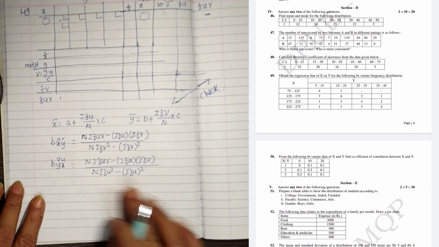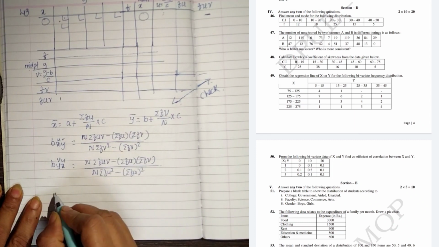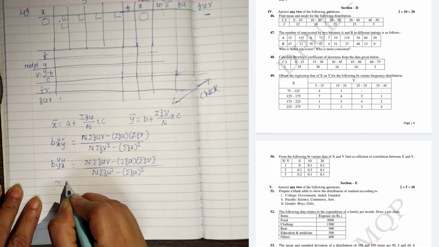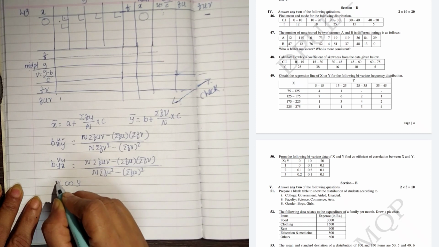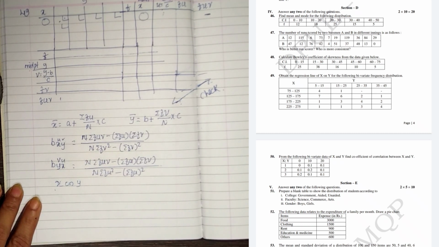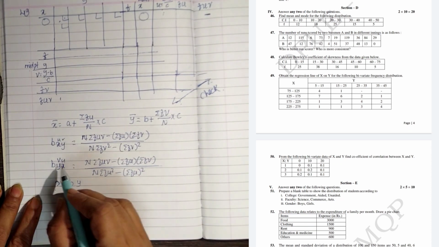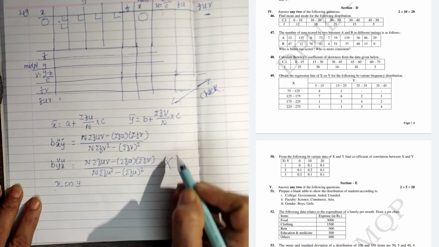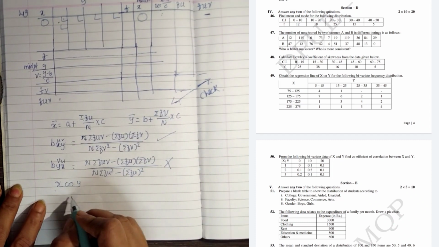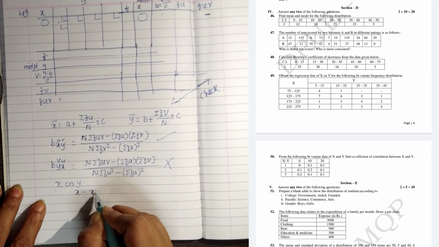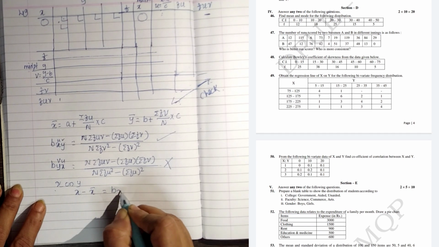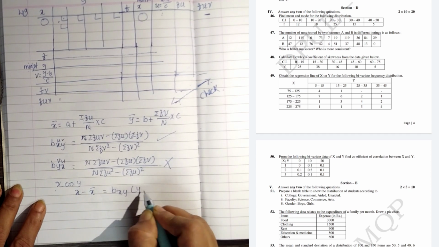After calculating this, take x on y. What is given in the question? Only x on y is given, so it is not necessary to calculate the other one. If you calculate only this, x on y is x minus x bar equals bxy into y minus y bar.